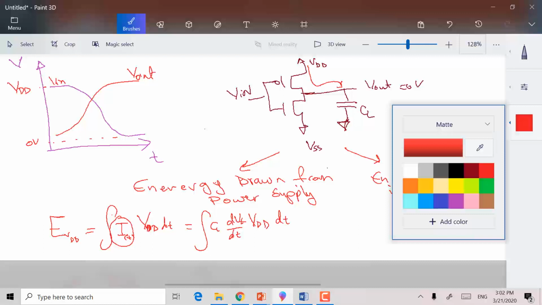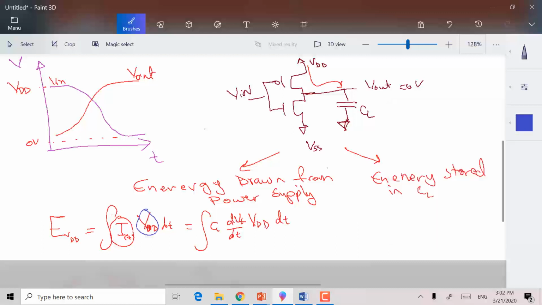Notice VDD here stays the same. What we did, we just replaced. You do this integration, and if you compute it, you will end up with CL VDD square.